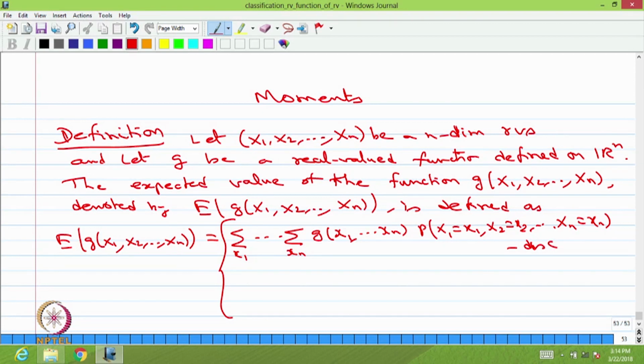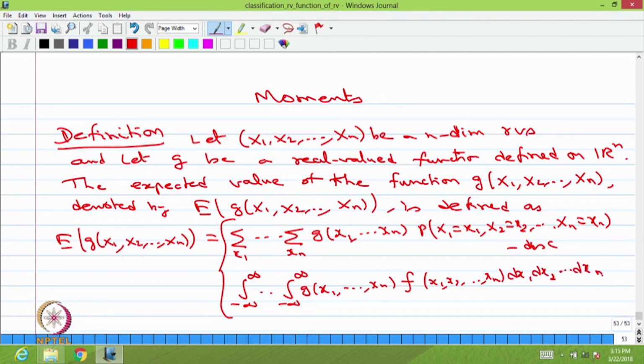If all such n random variables are of the continuous type, then it is an integration from minus infinity to infinity, an n-dimensional integration, with the integrand g of x1 and so on xn multiplied by the joint probability density function of X1, X2 and so on Xn, with integration with respect to x1, x2 and so on xn.